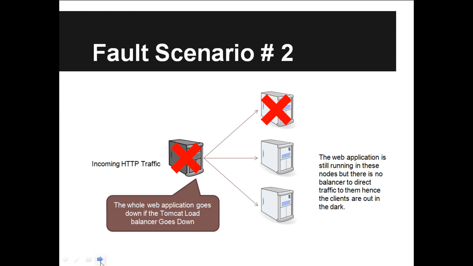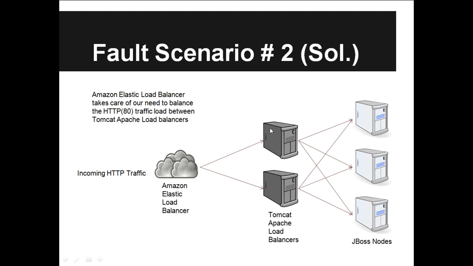Our second fault scenario would be what happens if the load balancer itself goes down. If the load balancer itself goes down, the whole site goes down, because we were accessing the site from the load balancer. In order to fix this fault, we make use of 2 Tomcat Apache load balancers as 2 different EC2 instances, and then load balance them using Amazon's Elastic Load Balancer.